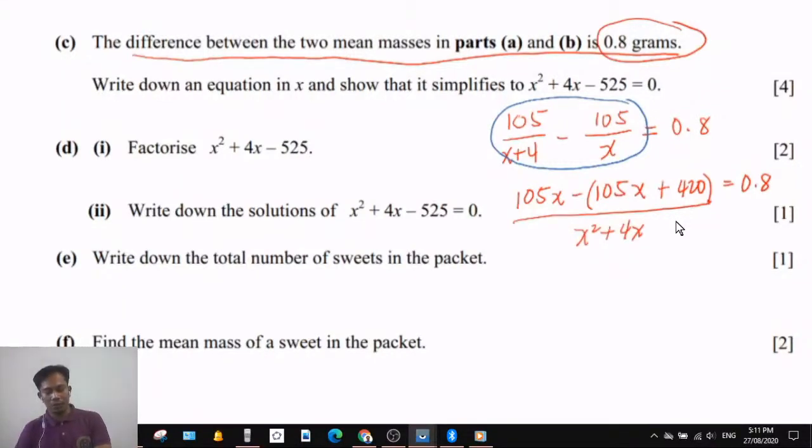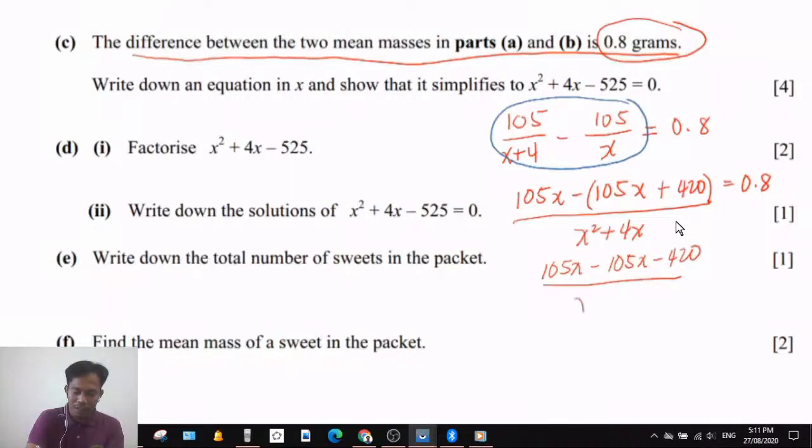I forgot to write that a while ago. So you will notice now that this will be 105x minus 105x minus 420, divided by x squared plus 4x, is equal to 0.8.